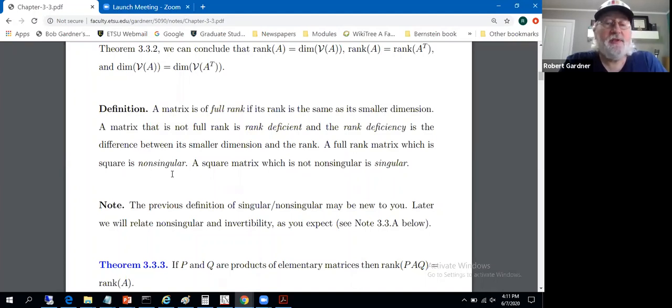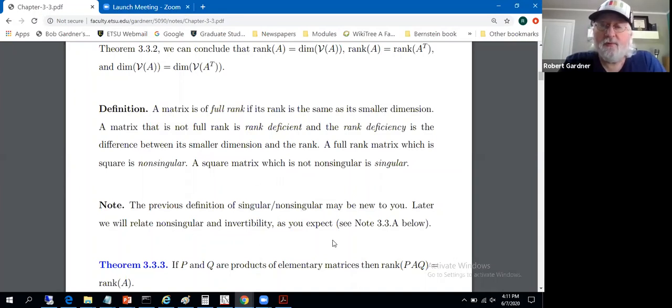Non-singular matrices, square ones, are good matrices because they're invertible. So from your past experience, you're probably used to thinking about singular and non-singular in terms of not invertible and invertible. Here it's been defined in terms of rank.